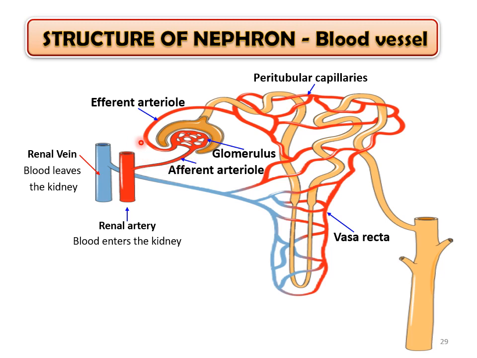Blood leaves the glomerulus into an efferent arteriole that is narrower than the afferent arteriole. The efferent arteriole branches into peritubular capillaries that surround the loop of Henle, that is called vasa recta. Blood leaves the kidney through the renal vein to the vena cava, draining out the deoxygenated and clean blood.